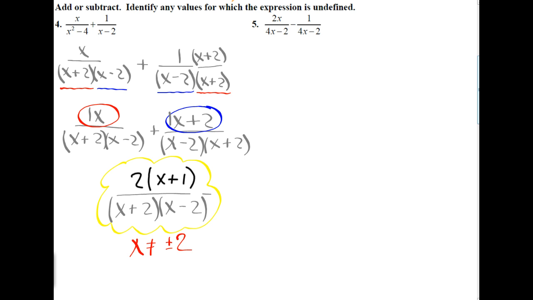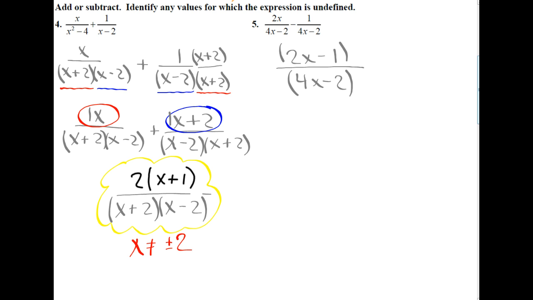Number 5, we are asked to subtract these two expressions, and they do have like denominators right off the bat, so we don't have to do anything special there. We just have to go ahead and subtract the numerators and write them over one denominator, 4x minus 2. And if I can factor anything, I should do that just to make sure nothing reduces.